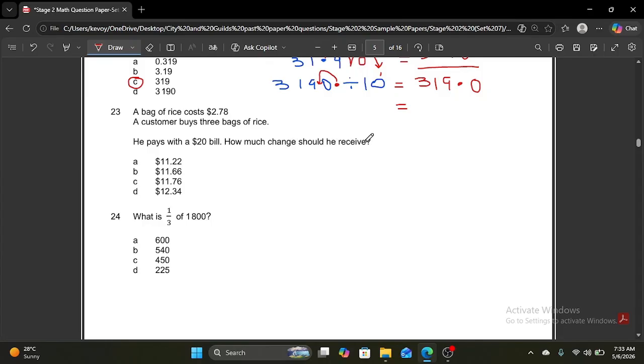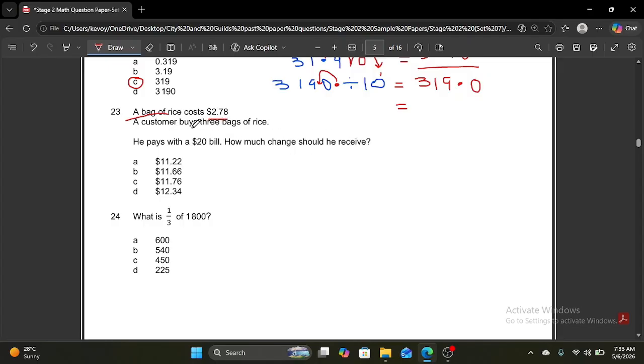So the bag of rice costs $2.78, but the customer came in to buy three bags of rice. He pays with a $20 bill. How much change should he receive?